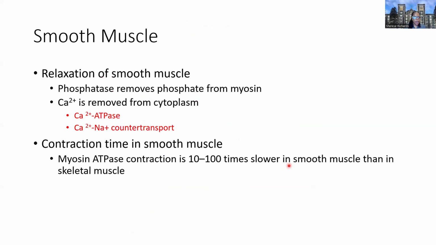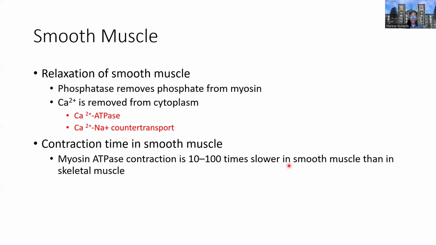All right. Now, how does the muscle relax? So smooth muscle relaxation is dependent upon the removal of calcium, very similar to what we saw with skeletal muscle. So calcium ATPase is going to pump the calcium back into the SR, but because some of that calcium also came from the extracellular fluid, we now have calcium-sodium countertransporters.